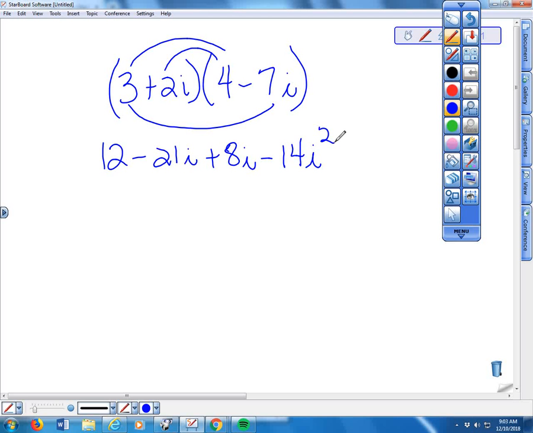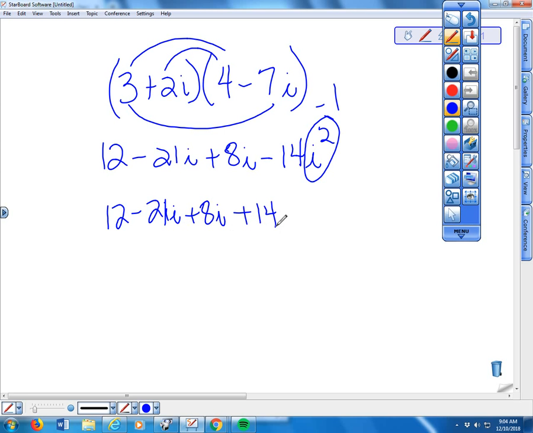Do I need to explain that again? No. Okay, so i squared is -1. So what's -14 times -1? Positive 14. So that now I've got -21i plus 8i plus 14.